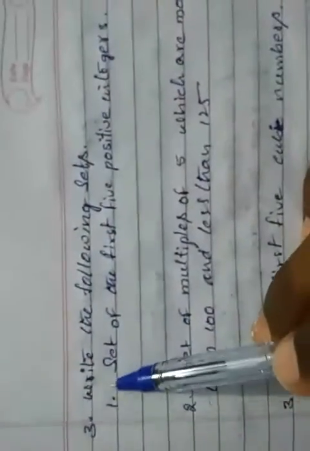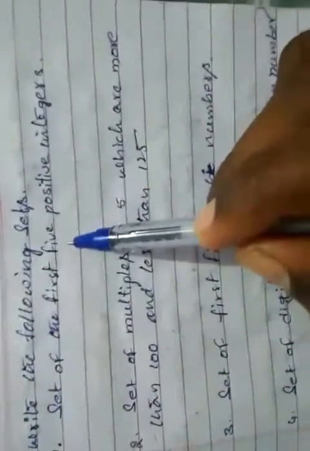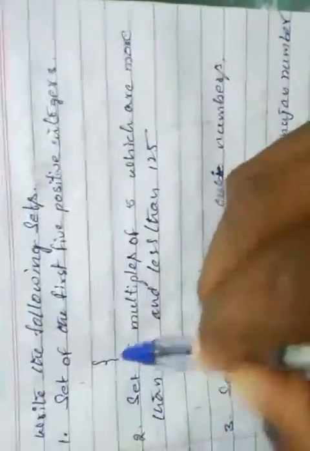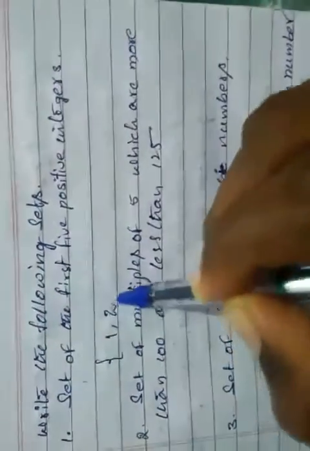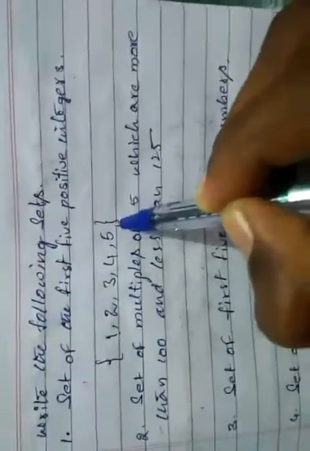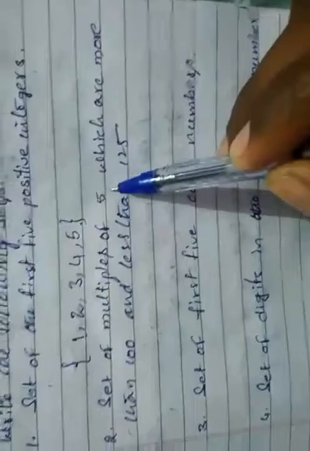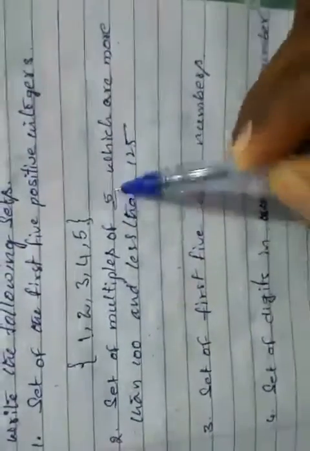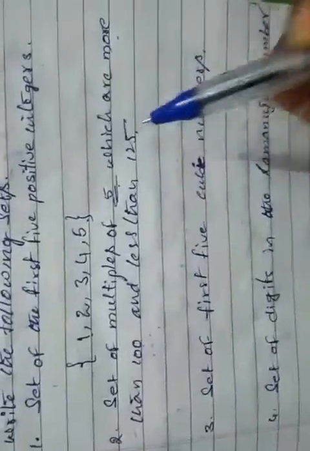Next do question number 3. Write the following sets. Set of first 5 positive integers: we write the set 1, 2, 3, 4, 5. A set of multiples of 5 which are more than 100 and less than 125.